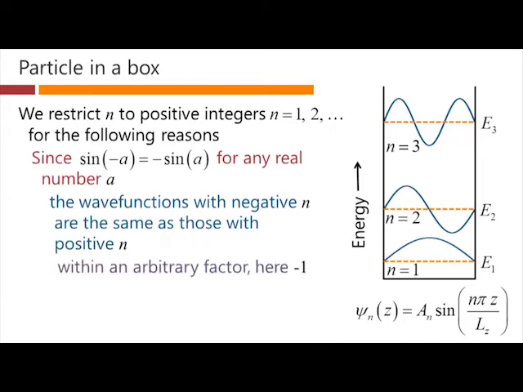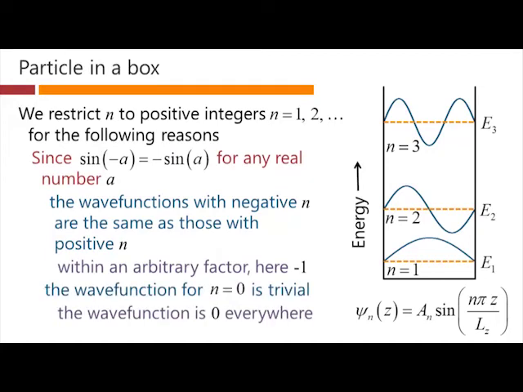We would just end up multiplying by minus 1 out the front here, and this factor is already so far an arbitrary number, certainly arbitrary within a unit phase factor. So a wave function with n as a negative number is really the same solution as a wave function with n as a positive number. And of course the eigenenergy would also be the same, since it's proportional to n squared. So we don't need to think about negative values of n. They would just be the same as these solutions we've already figured out here for positive values of n. So we won't think about negative values of n.